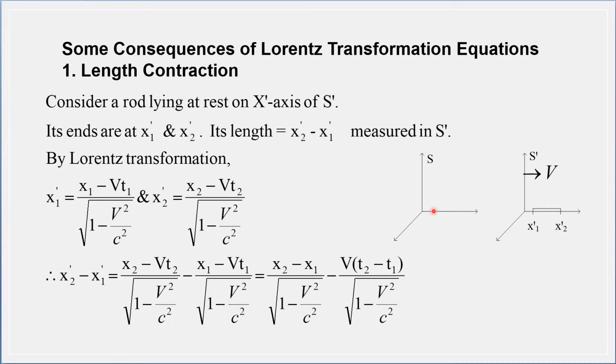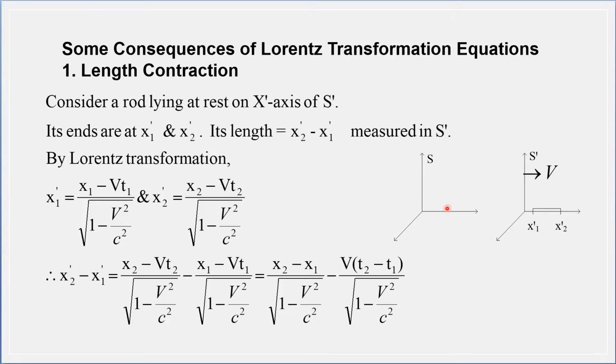Now what we do here is we take two inertial frames, the frame S and frame S dash. The frame S dash is moving along the x-axis with velocity v as observed in the frame S. We keep a rod in the second frame.